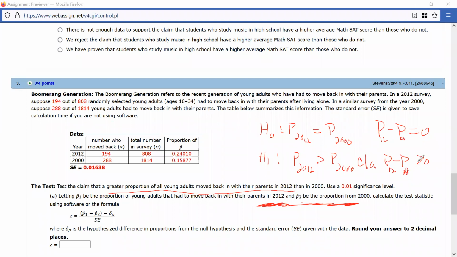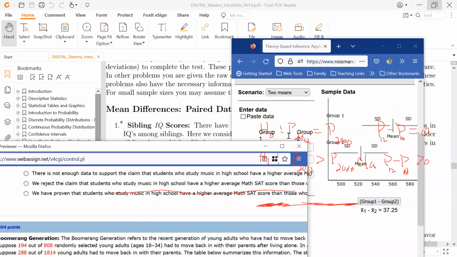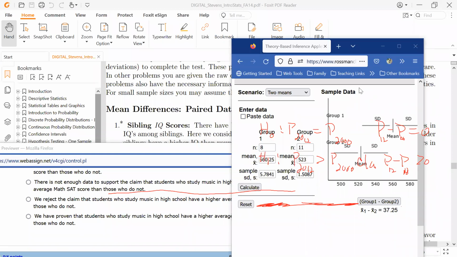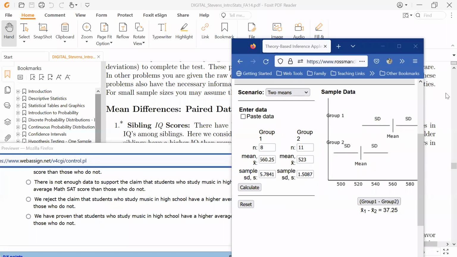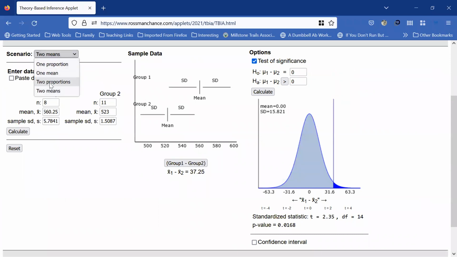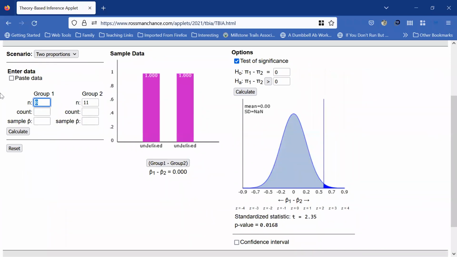Okay, now we're going to run a 2 proportion z-test. I've got to minimize this and erase that writing so that I can see something. I'm going to maximize this because I've got the numbers written down. 2 proportions. Back in 2012 is group 1, right?